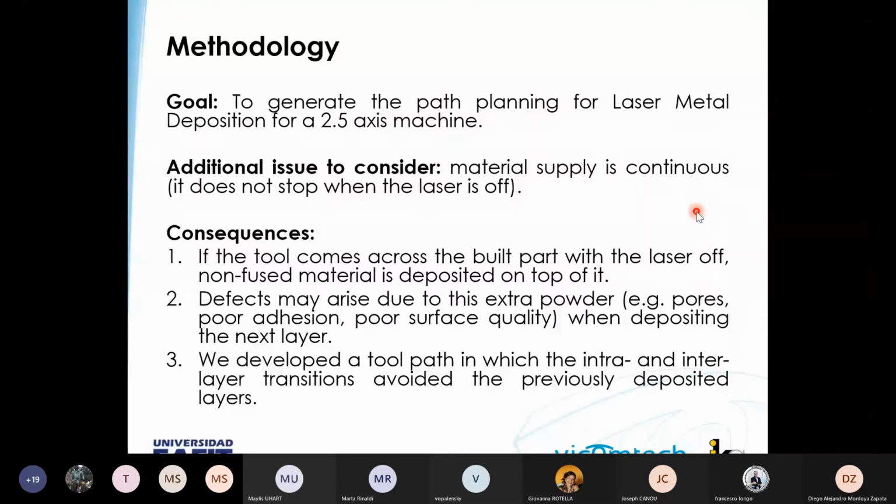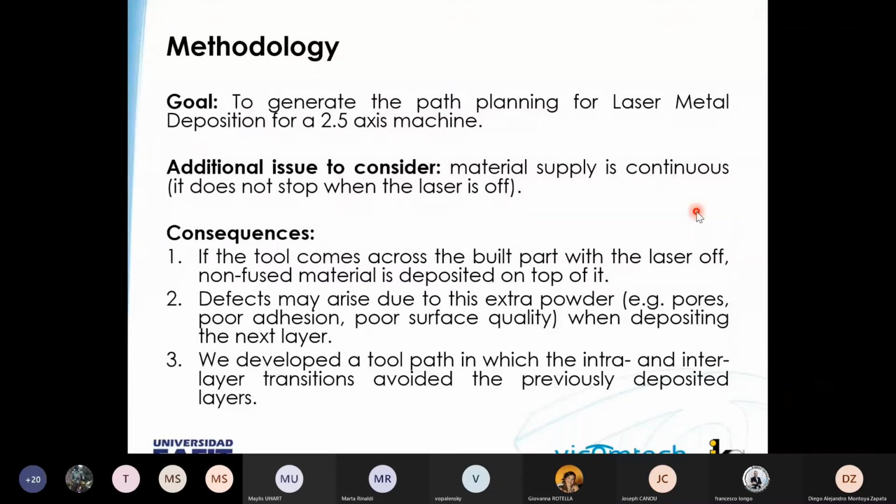That is, even when the laser is not active, the material is still being fed to our domain. It was important to consider this issue, because if you come across the built part while the laser is off, then some non-fused material is going to be deposited on top of the substrate.